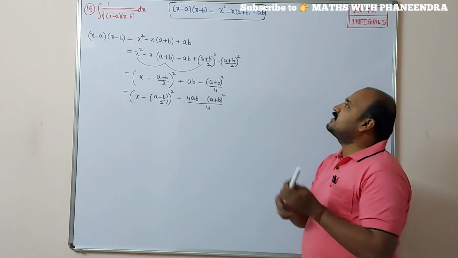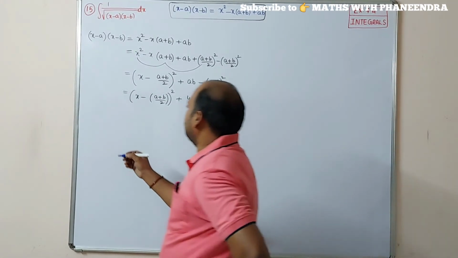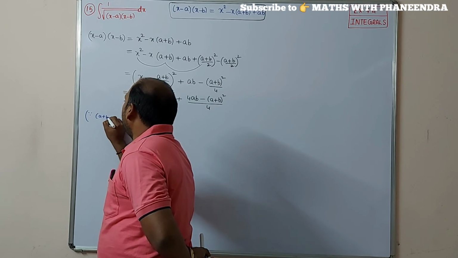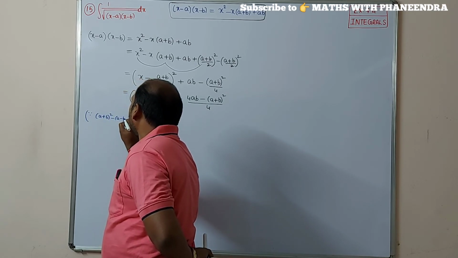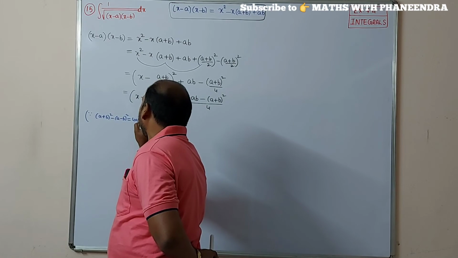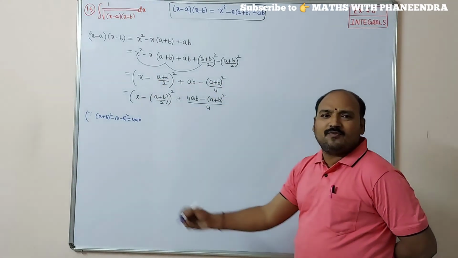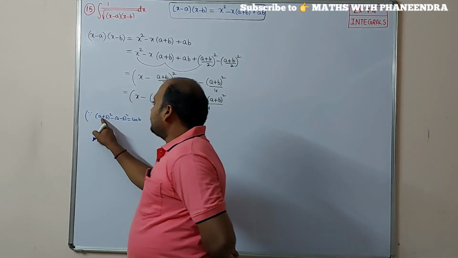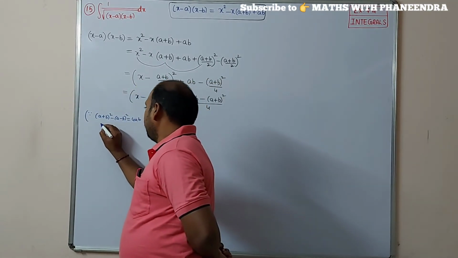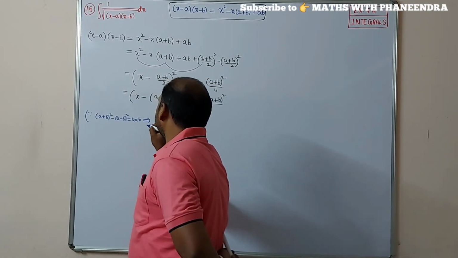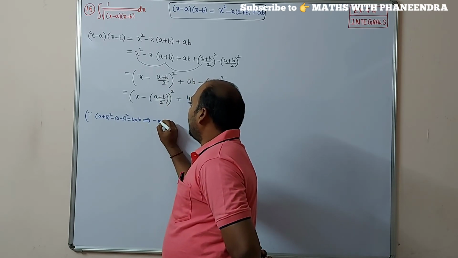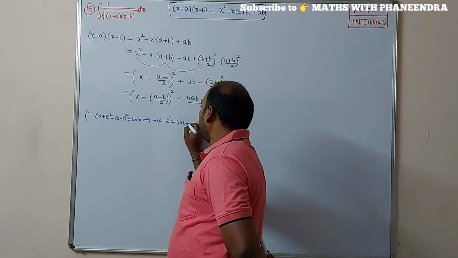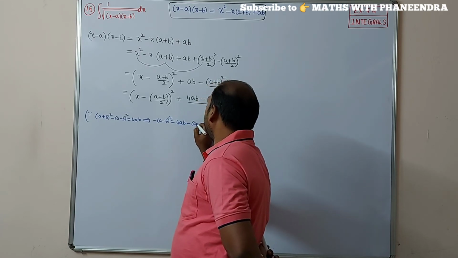Here again a twist is there. What is the twist? We know that (a plus b) whole square minus (a minus b) whole square is equal to 4ab. We have the formula. So from this information, 4ab minus (a plus b) whole square is equal to minus (a minus b) whole square.